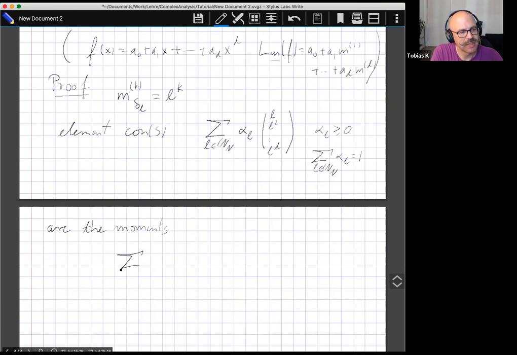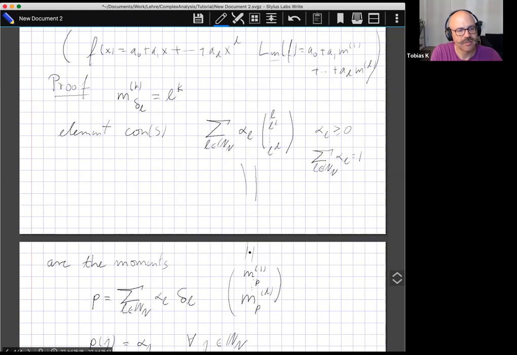I write the probability P as a sum over l element of N of alpha_l delta_l, or in another way of saying it, P of j is equal to alpha_j for all j element of N. And then if I look at the vector of moments m1 up to md of P, this is exactly the same as what I have here on the top.